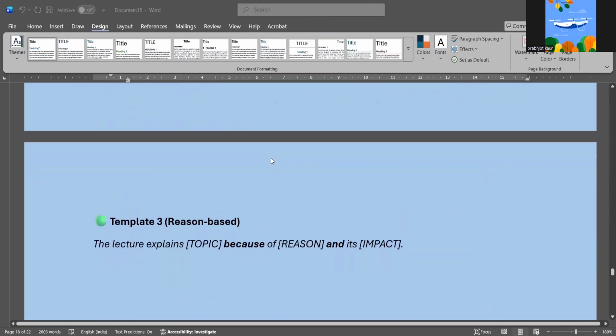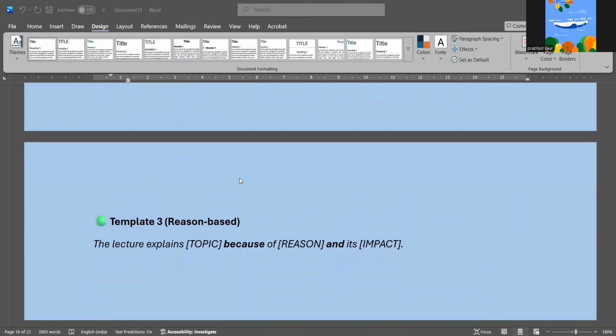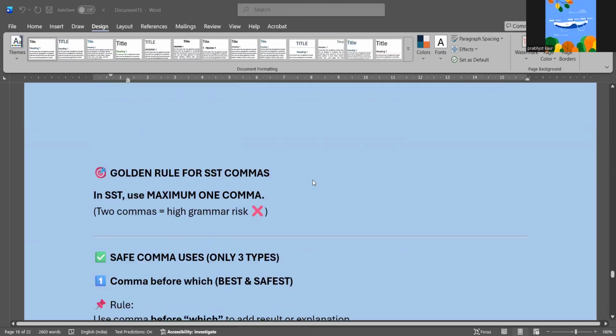Like if I note down, government should focus on education, comma, hospital system, comma, and any other thing like transportation. So we have to use commas.